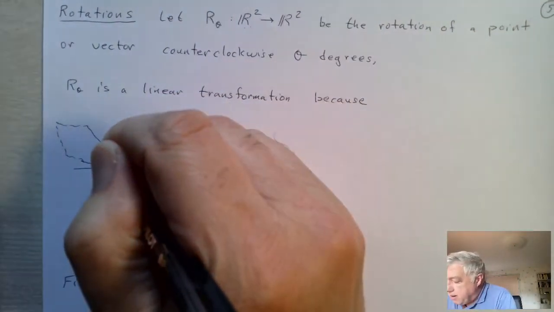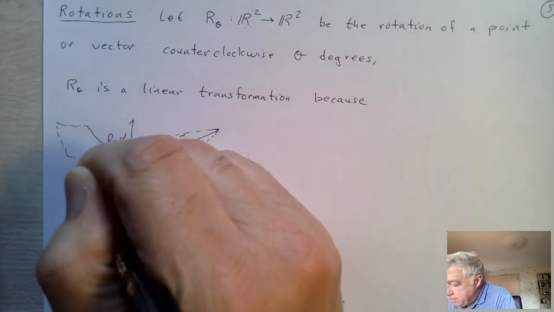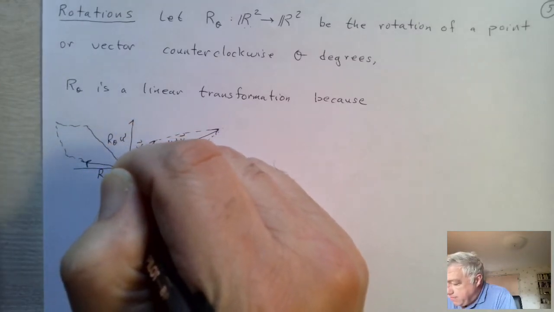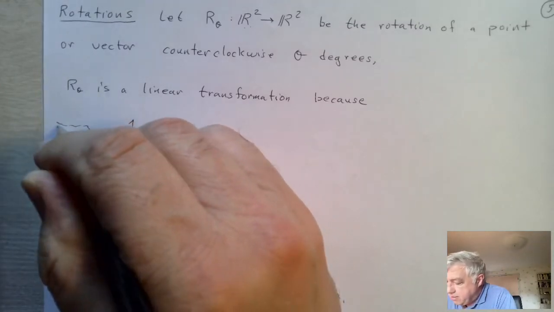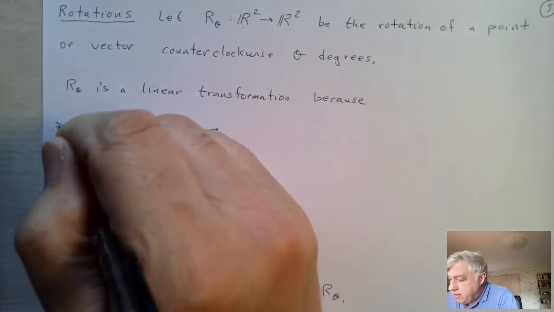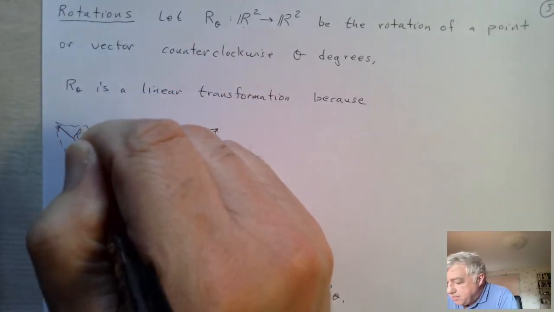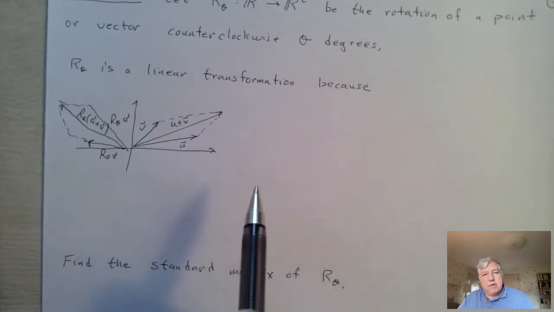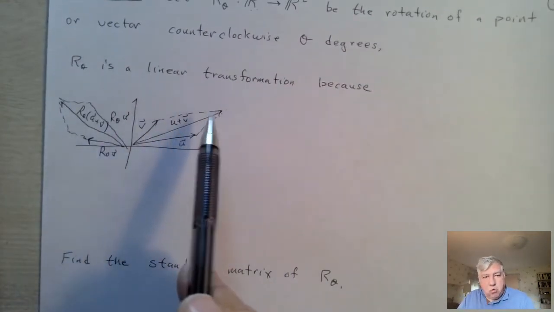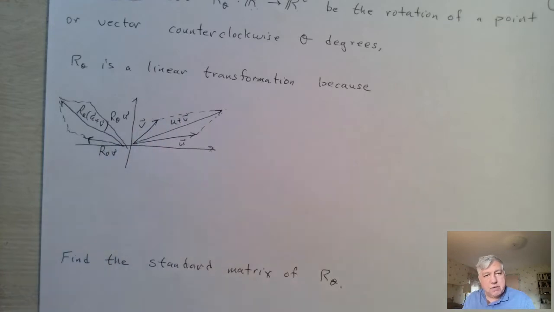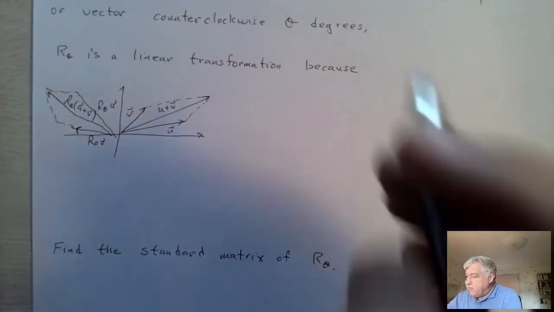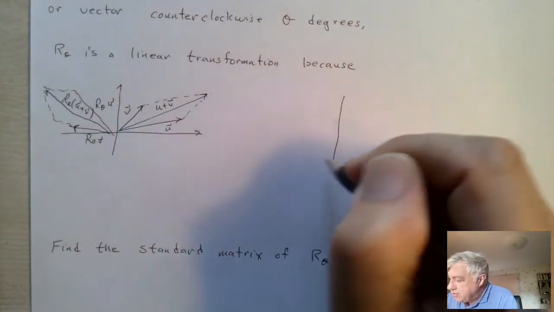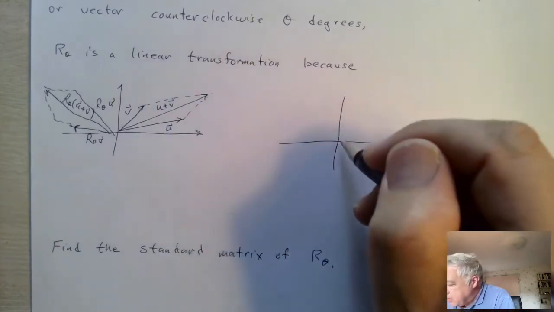So this would be R theta of u and R theta of v, and then this would be R theta of u plus v. Okay, if you can read that, but basically you're rotating everything in this picture through the same angle. To show it preserves scalar multiplication, that's a little easier.